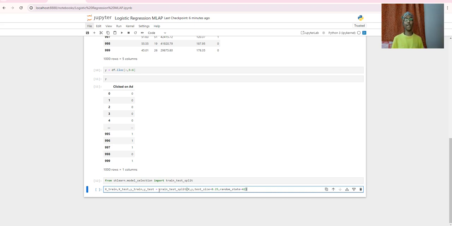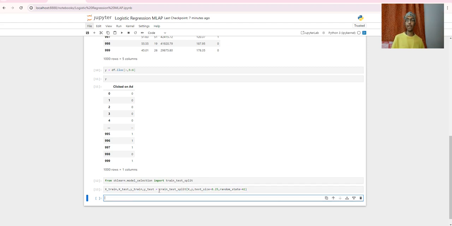So test size we already understand, it's 25% of the data we want as test. Random state, what does that mean? Basically friends, random state we use so that we have identical splits no matter how many times we split the data. For example, now we execute it. Shift enter, we have executed it.